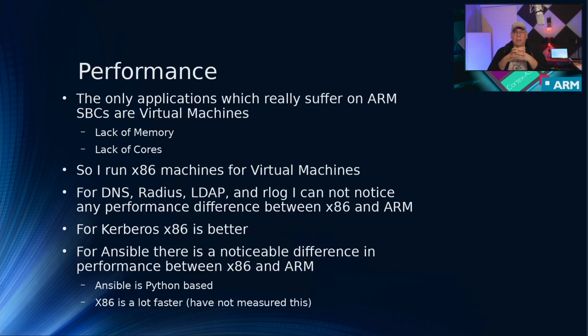For rsyslog, of course, I don't use that version. I use something else, but I haven't noticed any performance differences. In fact, I have run things like Elastic, and Solstice, and Logstash on ARM, and those run just fine. Never had any problem with it.